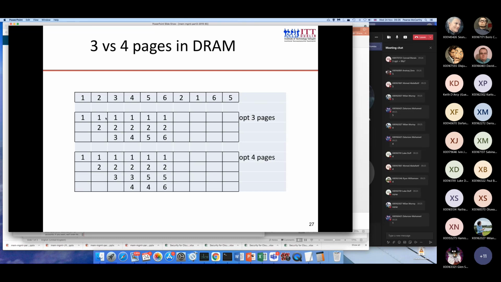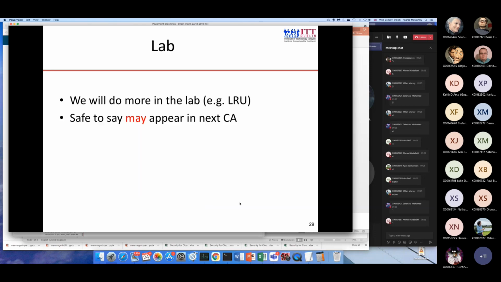So I revert to FIFO. That's 1. And this one, it's already in there. So by increasing the DRAM, even for this example, I got page faults 6 versus 7. So as expected, the one with more DRAM, less page faults. Does everybody see that? Hopefully you do. Okay, so we'll do more in the lab.